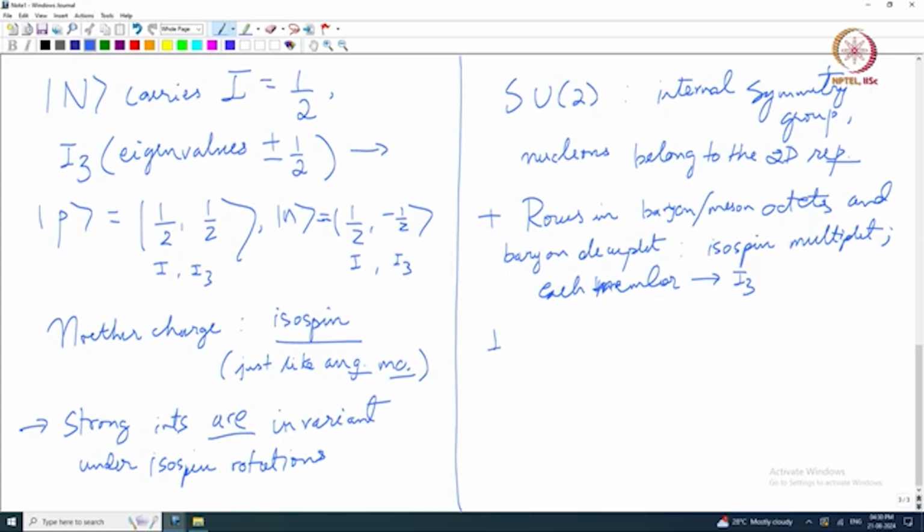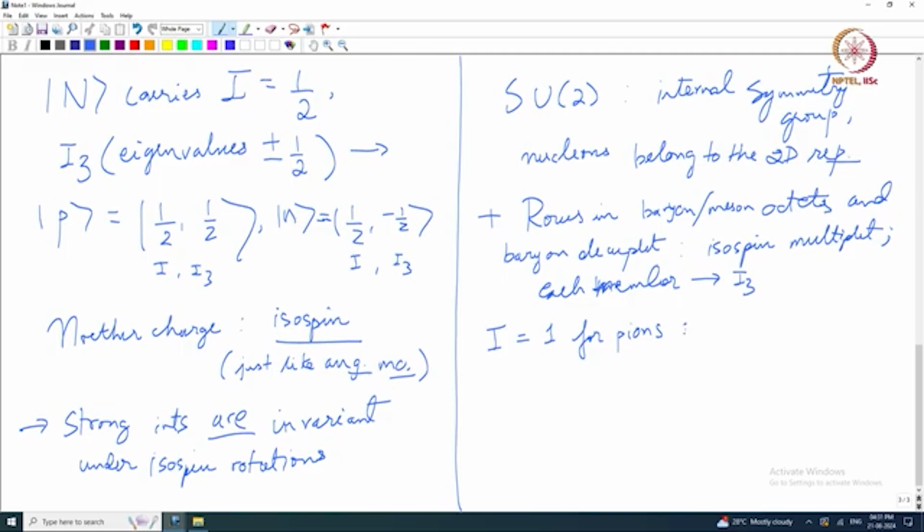Now, for example, for pions, how many pions are there? One neutral and two charged pions, correct. So, it turns out pions are on an isospin triplet, alright.